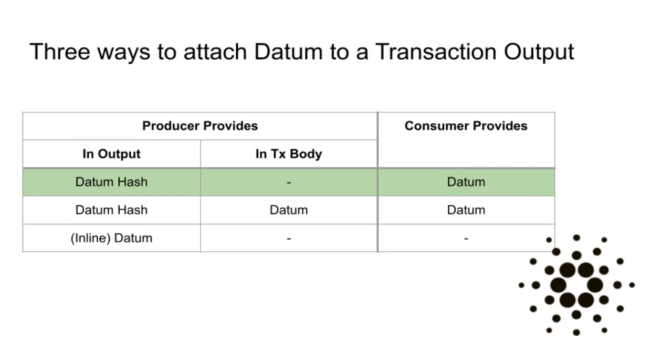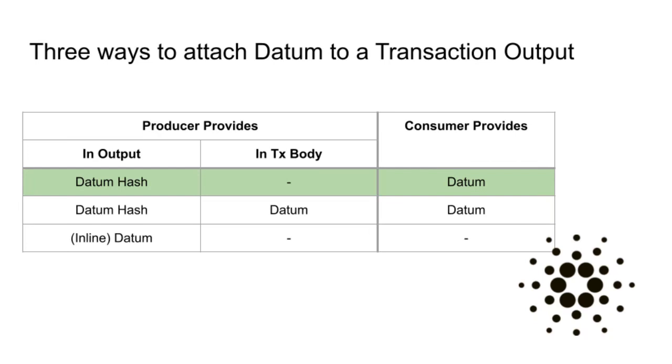options to do this. So the first option is that the output only contains the hash of the datum, not the datum itself, but just its hash. And then the consuming transaction, if it wants to spend this script output, has to contain the actual datum.